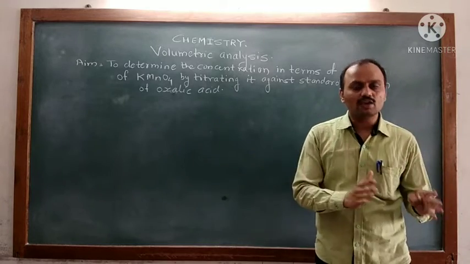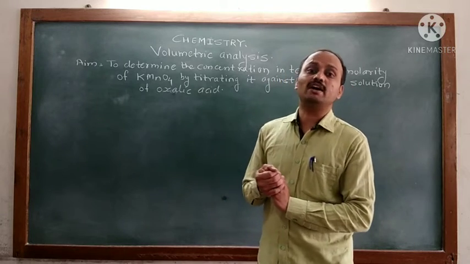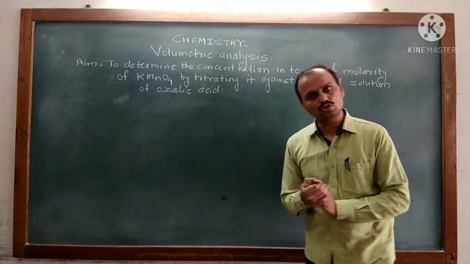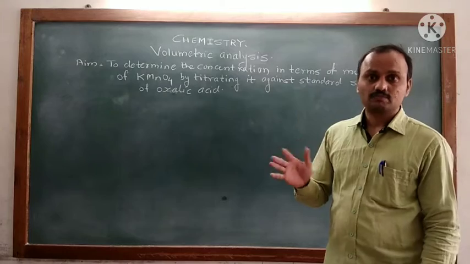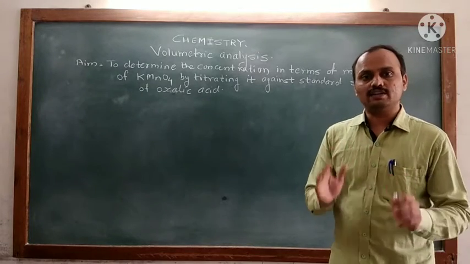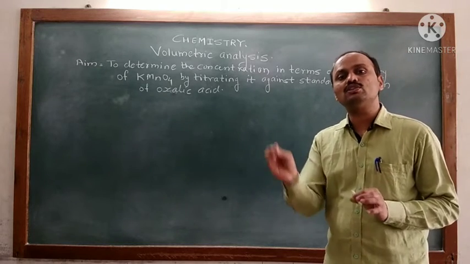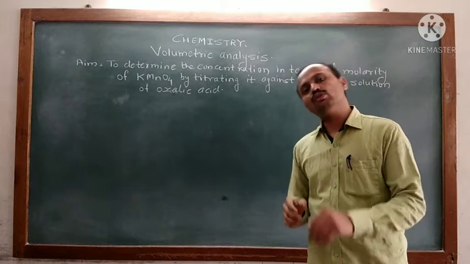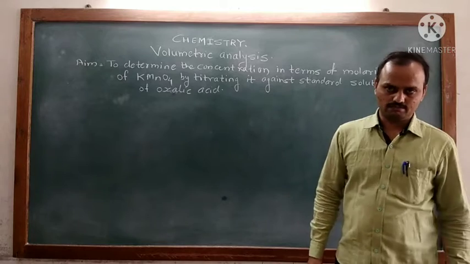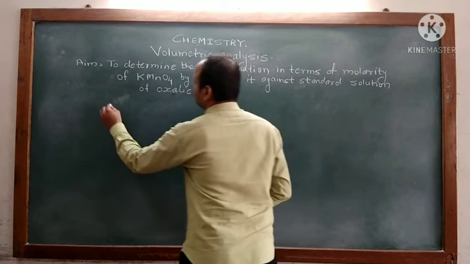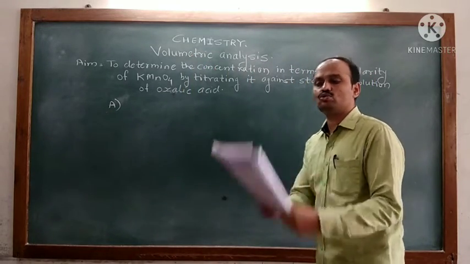So part A is the preparation of the standard solution, and part B is the titration. For part A, we take a definite quantity of oxalic acid powder and dissolve it in a particular amount of water.